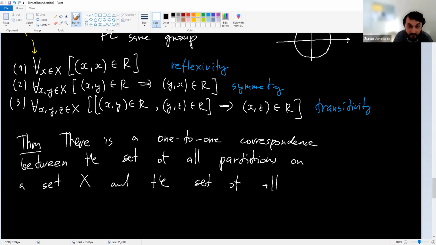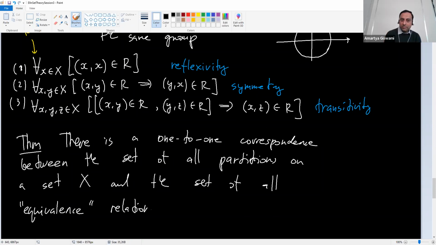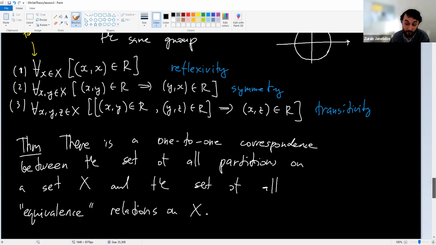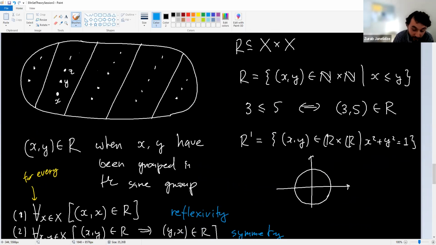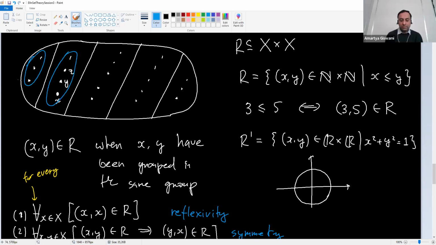Such relations have a special name. They're called equivalence relations. So there is a precise matching of partitions and such subsets of the Cartesian product. The reason they're called equivalence relations is that by grouping things together, intuitively, we can think of this as a way of not distinguishing between the members of the group.